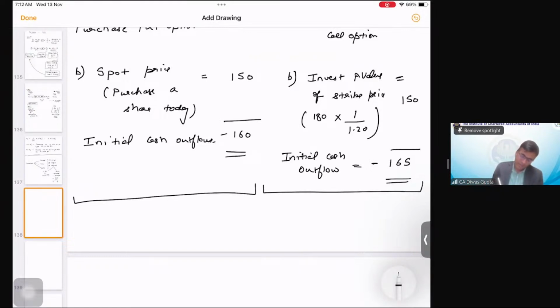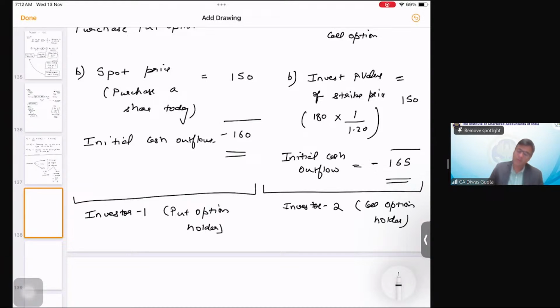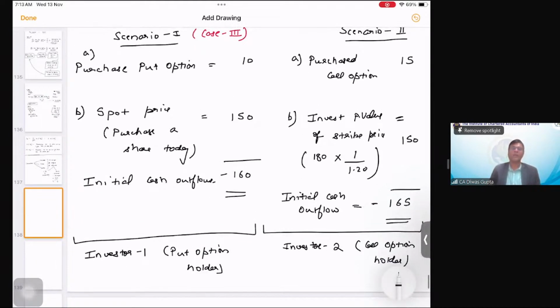So let's say this is investor 1, put option holder, we can say. This is investor 2, call option holder. Okay.